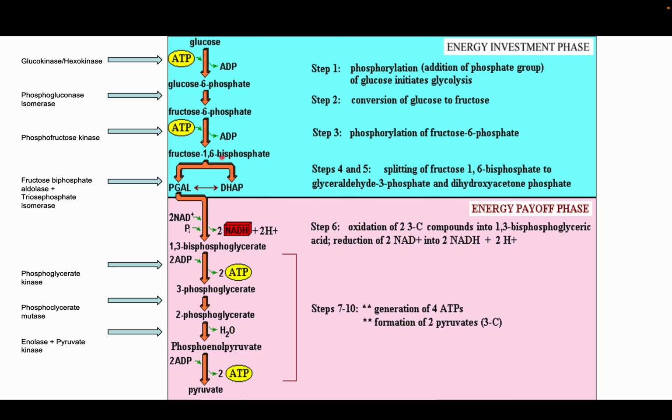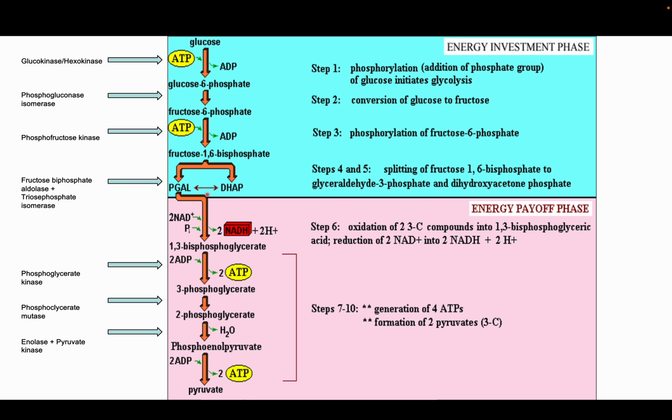Now, if you notice, there is a double arrow in between them, indicating that these molecules are actually interconvertible. And most of the time, the more stable molecule is actually glyceraldehyde 3-phosphate.